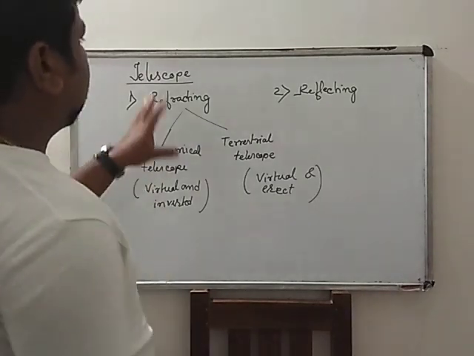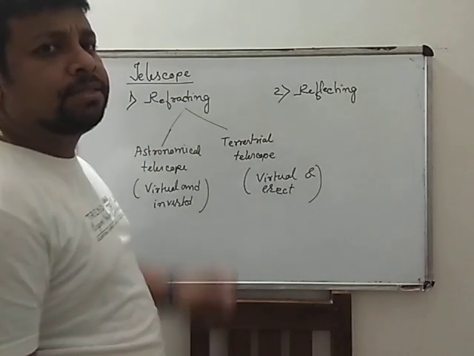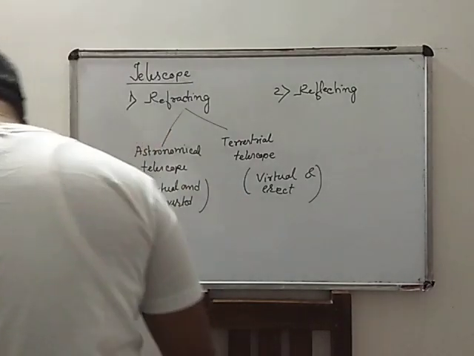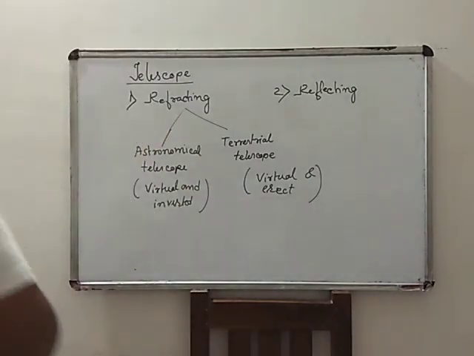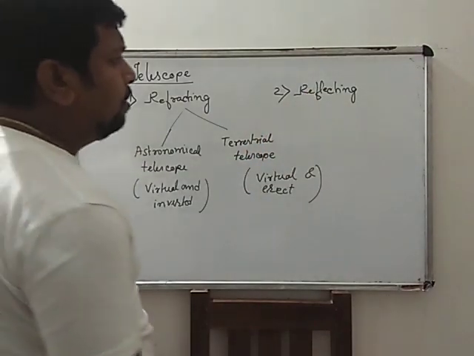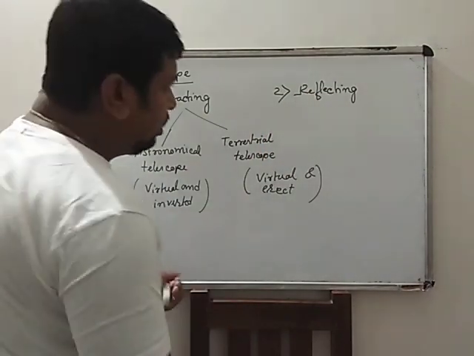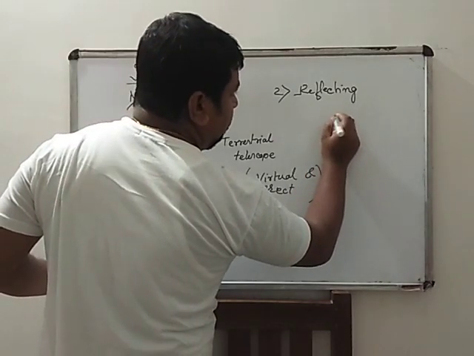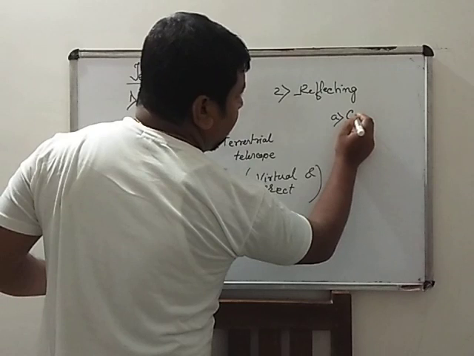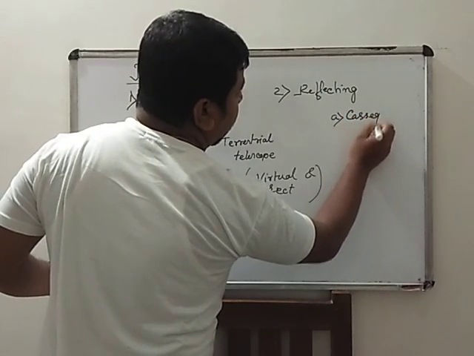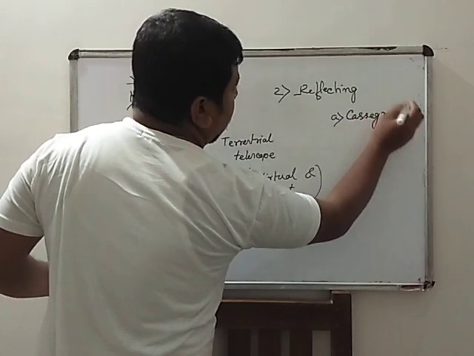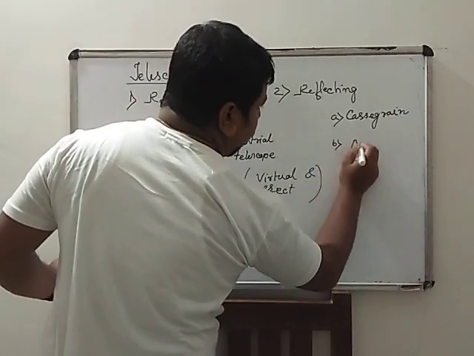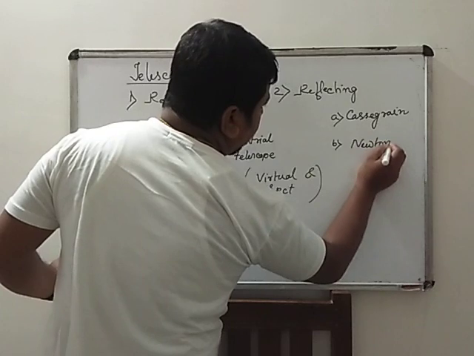In these telescopes lenses are used, that means convex or concave lenses. Next, in the reflecting telescope, mirrors are used. It is also divided into two types: number one, the Cassegrain telescope, and number two, the Newtonian telescope.